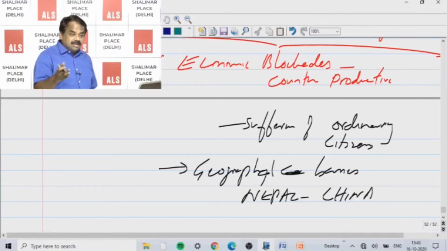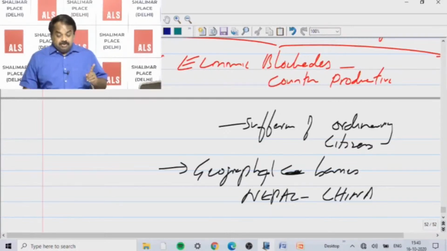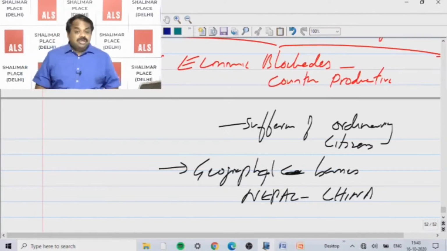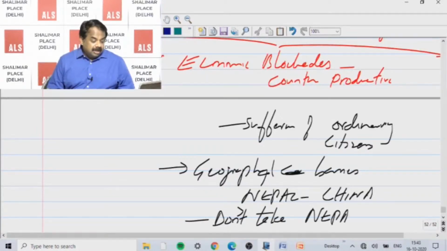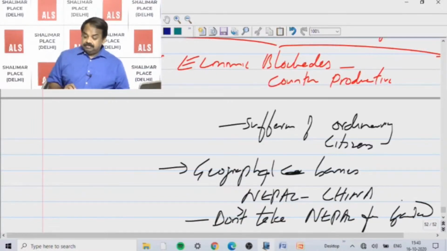We have already seen it can easily be overcome by technology. Nepal and China are proving it. So, we should not take Nepal for granted because of geography.